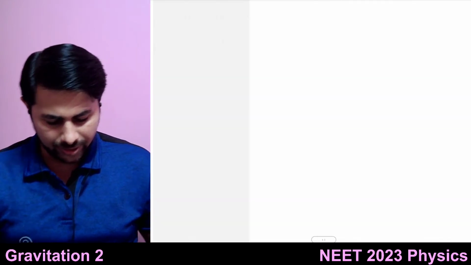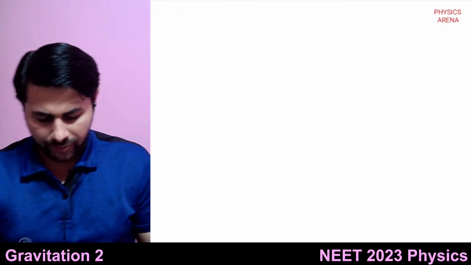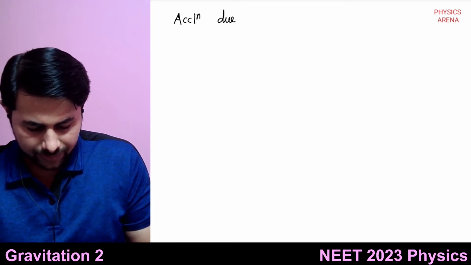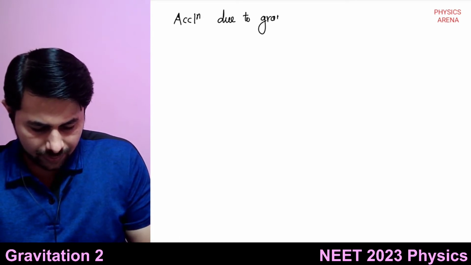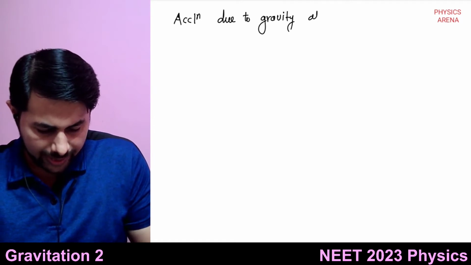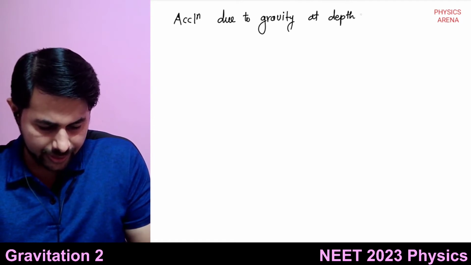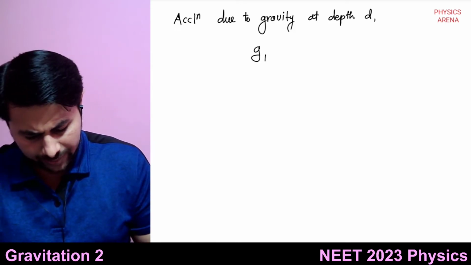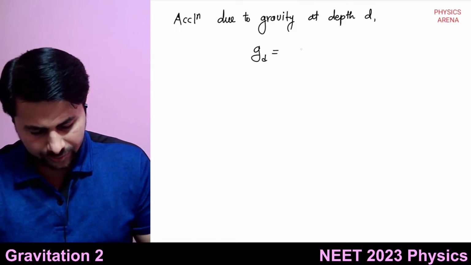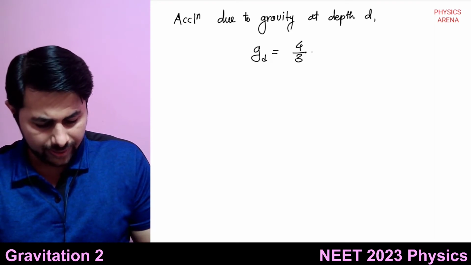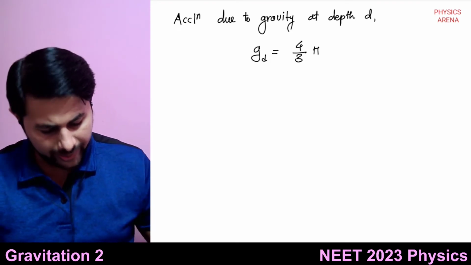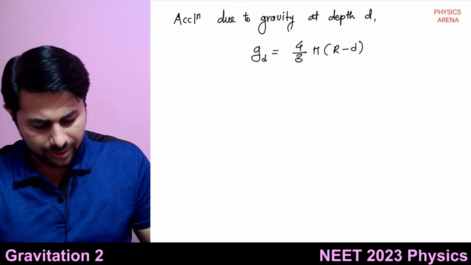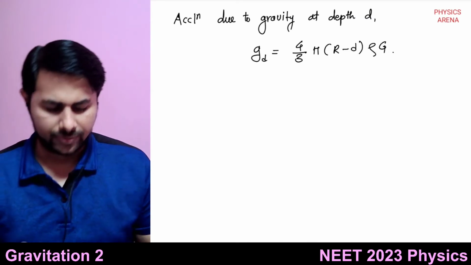So we substitute that, and we get the acceleration due to gravity at depth d: g suffix d is equal to 4 by 3 pi multiplied by r minus d multiplied by rho into G.